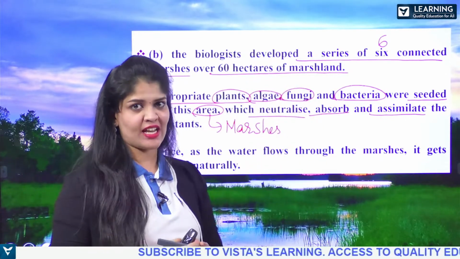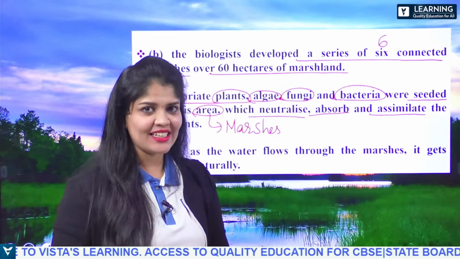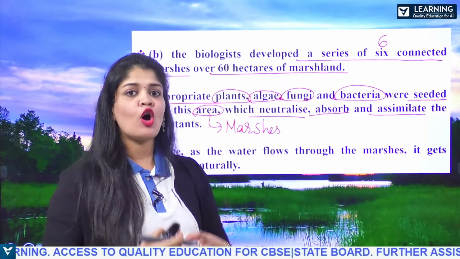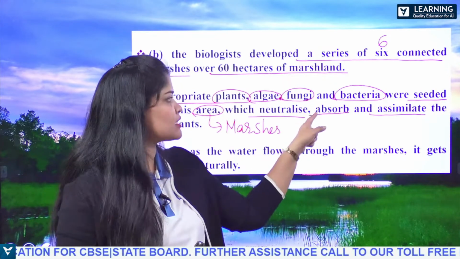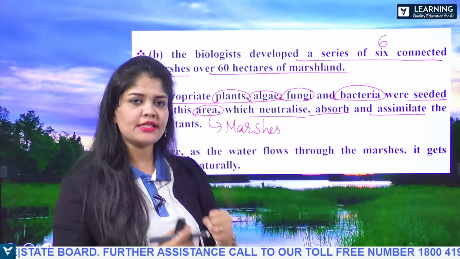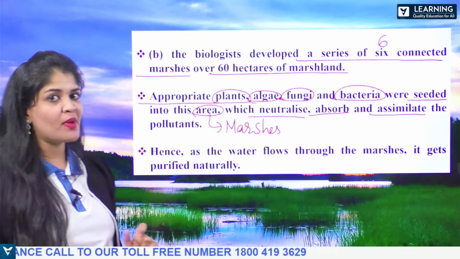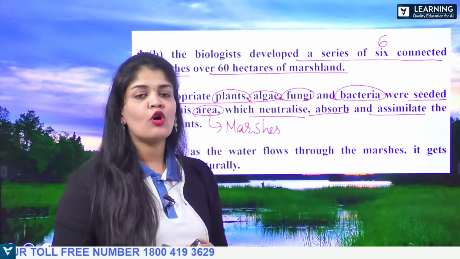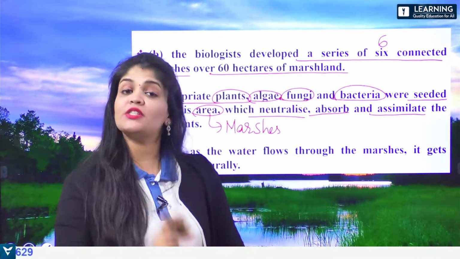And here in the marshlands, these are the suitable habitat for the growth of plants, algae, fungi, bacteria. All these living organisms start to neutralize, absorb, and assimilate these pollutants, which reduces the concentration of the pollutants present in the wastewater a lot.